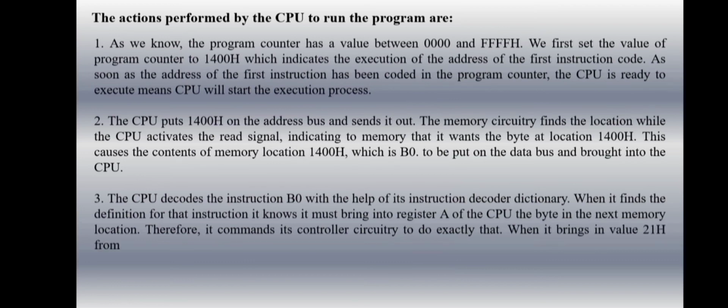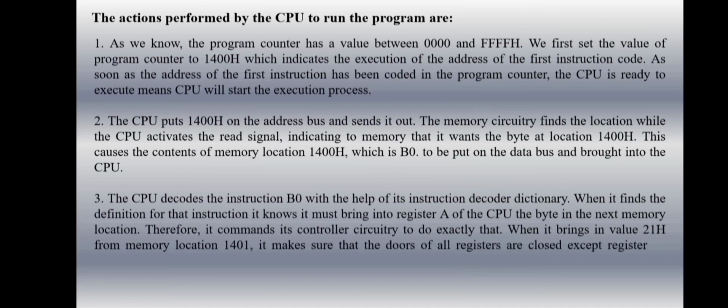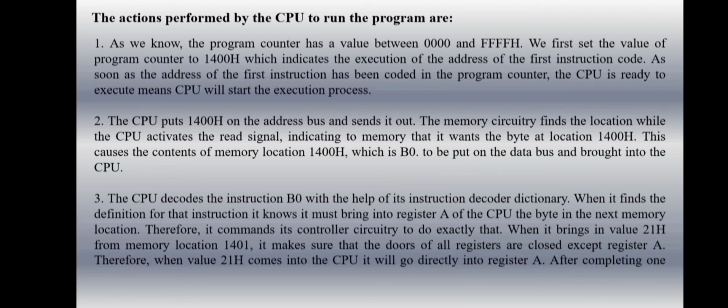When it brings in value 21H from memory location 1401, it makes sure that the doors of all registers are closed except register A. Therefore, when value 21H comes into the CPU, it will go directly into register A.